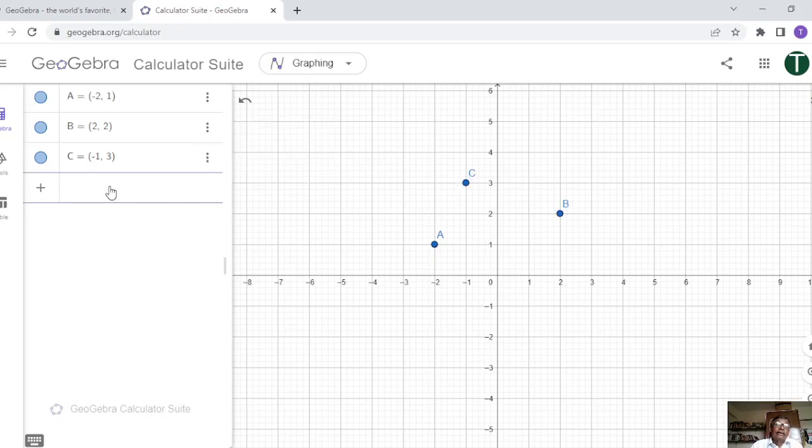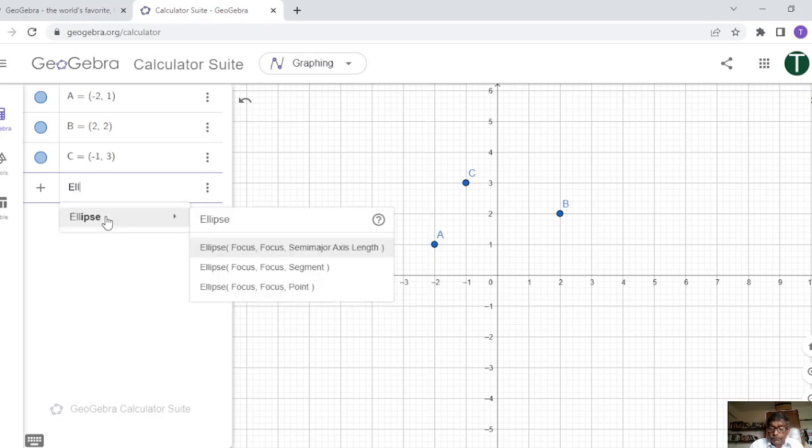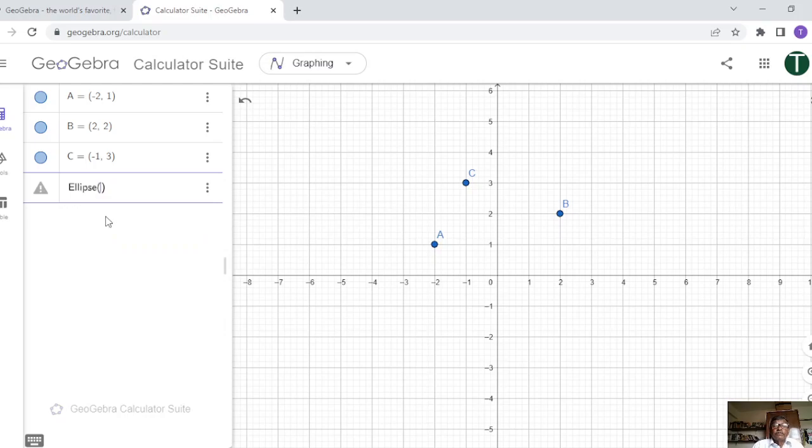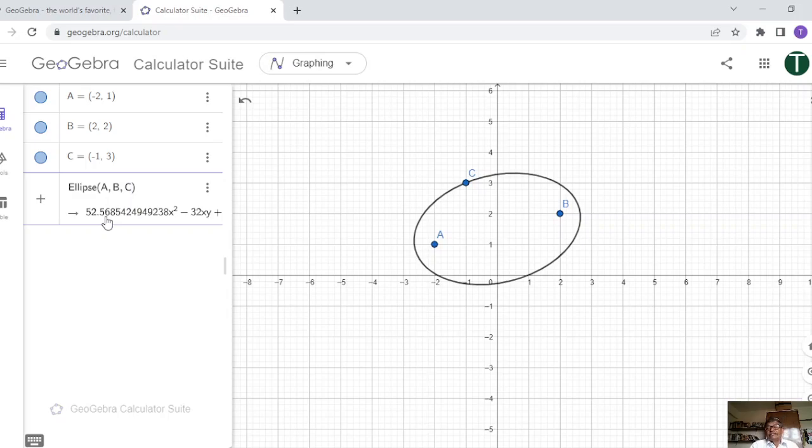And for that, there is a beautiful command. I'll go straight away to that ellipse command and then I will specify its two foci, that is A, comma, B, and the third point, say C, and this ellipse is drawn.